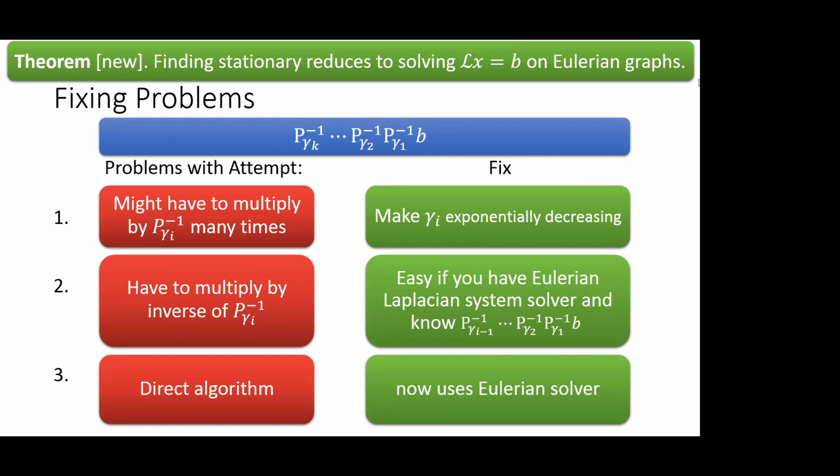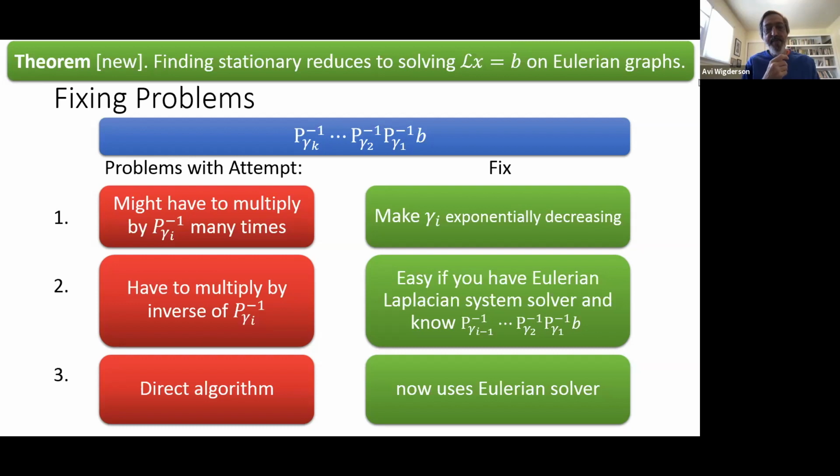In that case, you can just use the naive algorithm of just iterating that recurrence we saw a couple of slides ago. And every time is polynomial in gamma, but since gamma is constant for gamma 1, that's fine. I see. So it becomes more interesting after a few steps of this, but it's another vector. Yeah. Maybe you can say what properties of the vector you use in order to be able to use the Eulerian solver. Yeah.